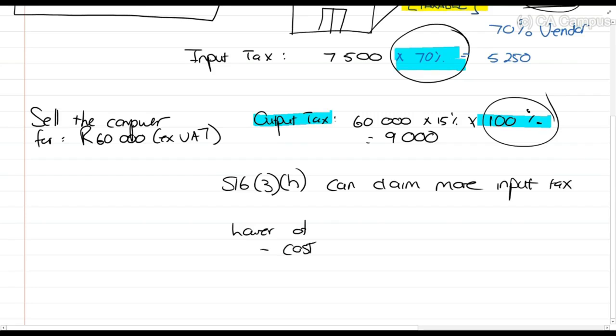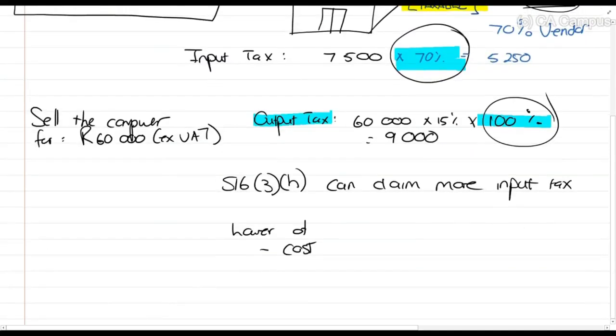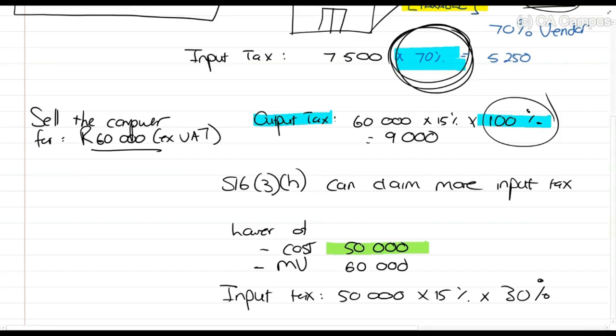Now in this case, I'm just going to use the amounts excluding VAT, 50,000, or the market value, which I'm going to use is that 60,000. So the lower of those two amounts is 50,000. So you can claim extra input tax of 50,000 times 15% times, how much did I claim originally? Only 70%. So now I can claim my remaining 30%.